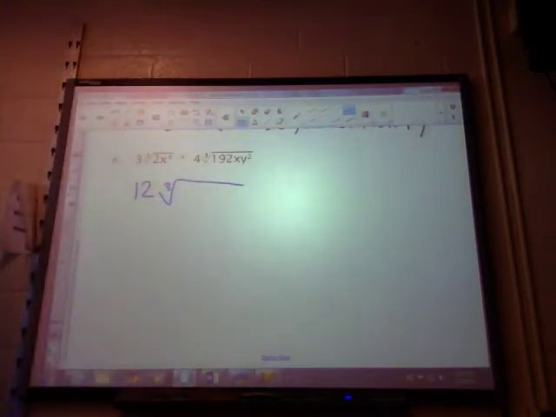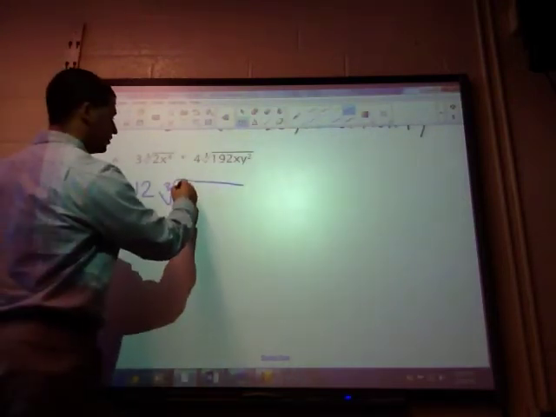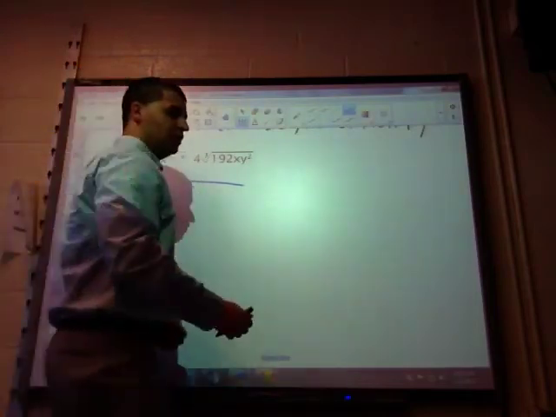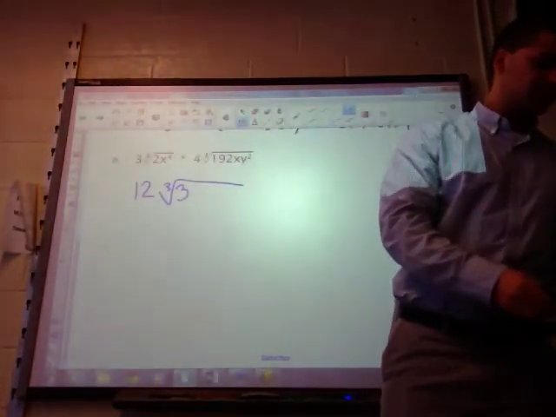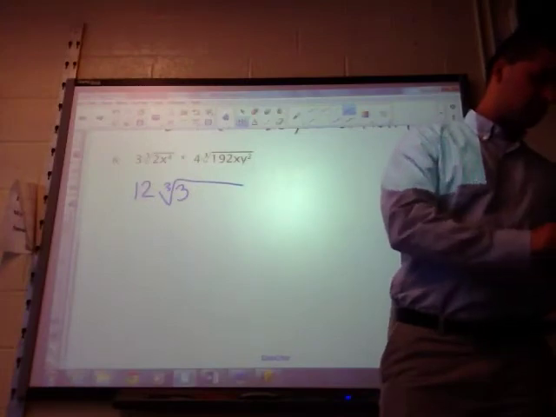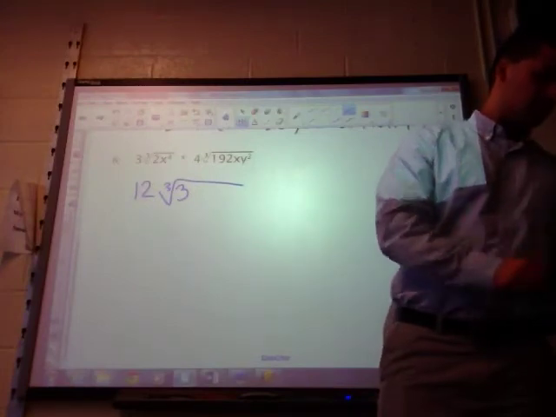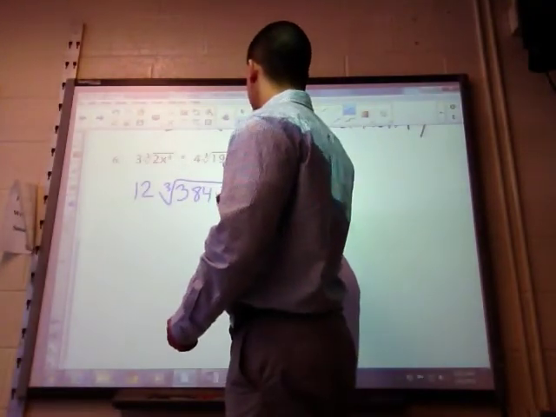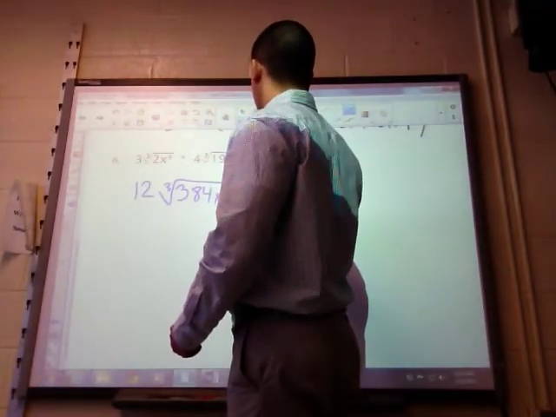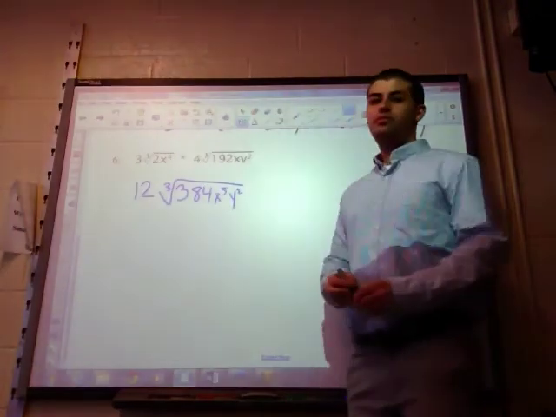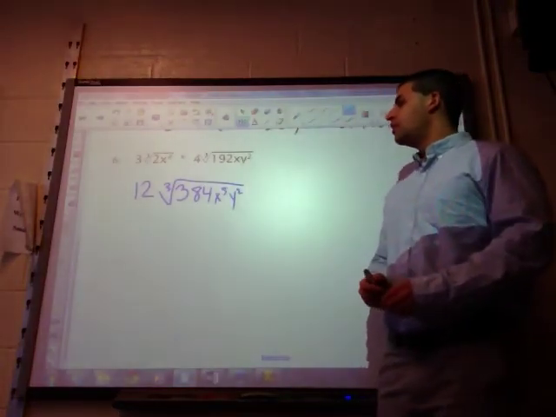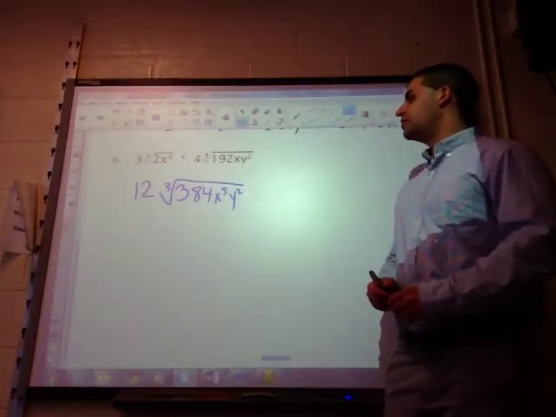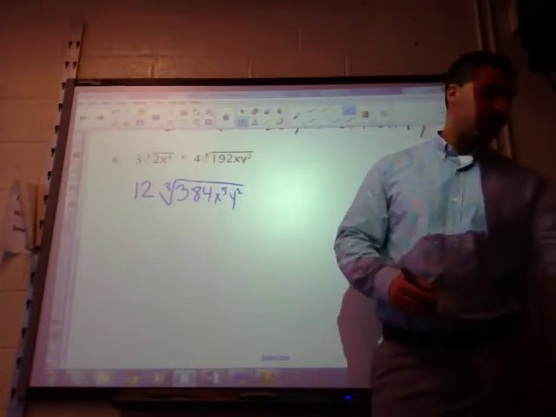So 2 times 192 is 384, x to the 5th y squared. So I need to find the biggest perfect cube that goes into 384.